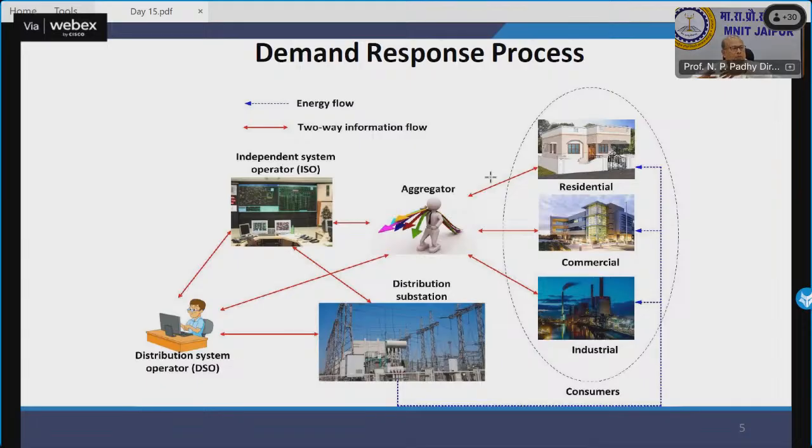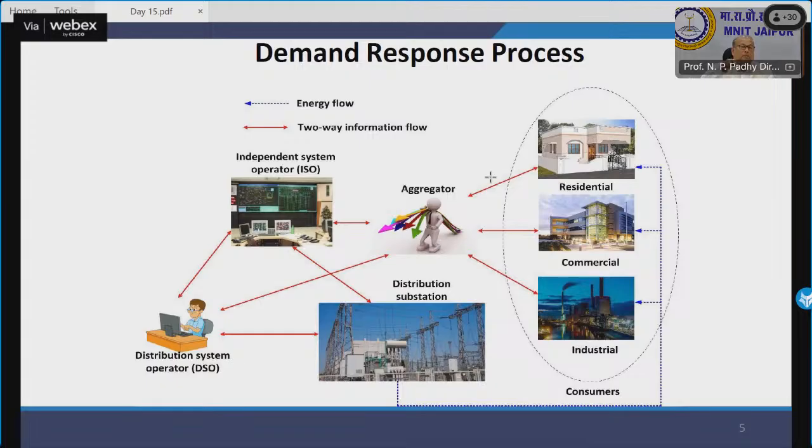That means if evening users are 1 million and there are 10 million units of energy required during that particular hour, that block, he will negotiate with a particular company: can you give me a lower price? So what has happened is that the aggregator brings all the consumers into this demand reduction program, and that is known as demand response.